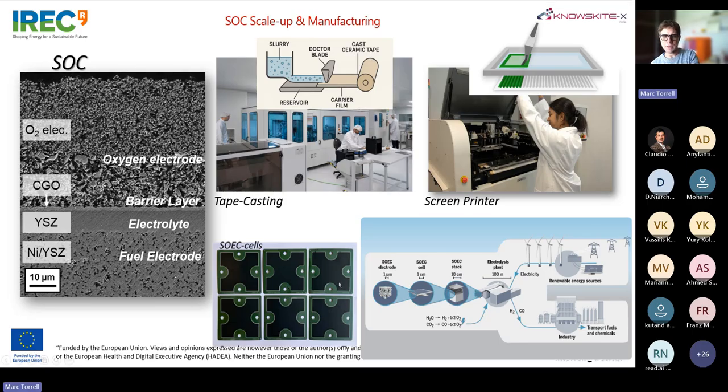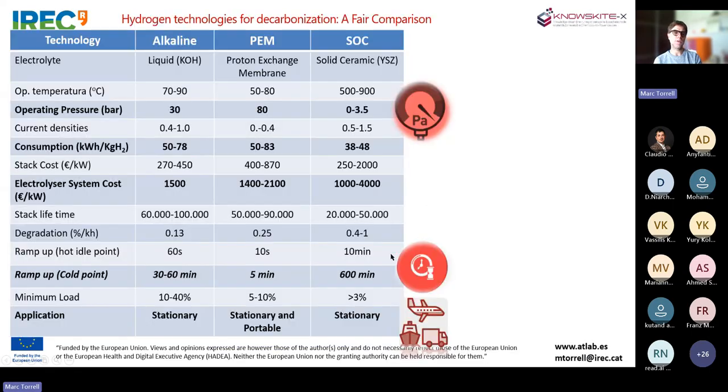Okay, so this technology has been evolving thanks to the efforts of the whole community on the electrodes, as we were seeing in the last presentations, the electrolytes, but also the stacking engineering and the system level. When we compare the technology on a fair basis with the alkaline and proton exchange membrane technologies, the main difference is the operation temperature.